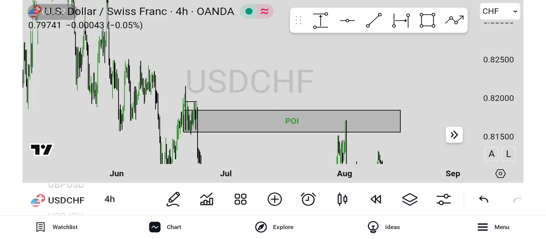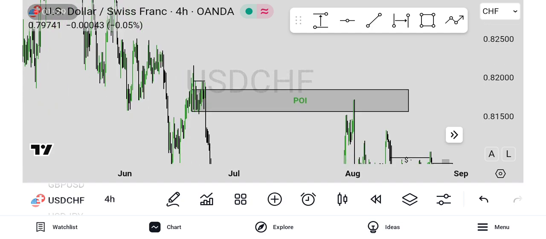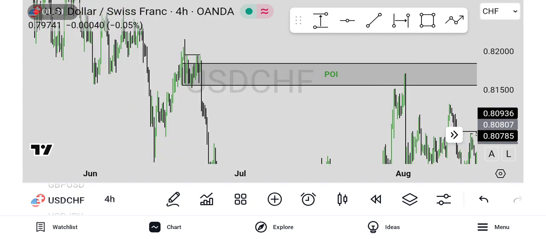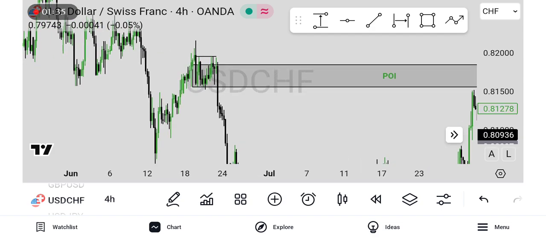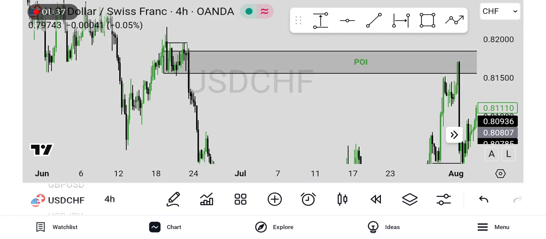Now, I'll be going through all the trades I took on this pair and see why I chose these as my supply blocks. If you look at this supply block I drew, the POI, which simply means point of interest.